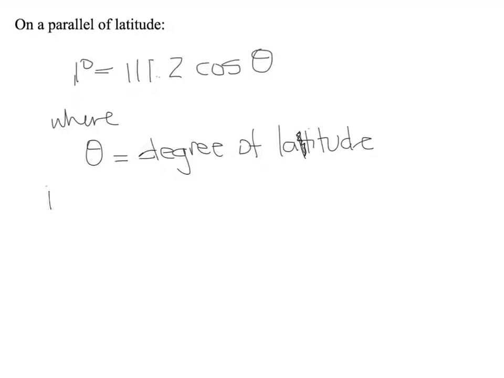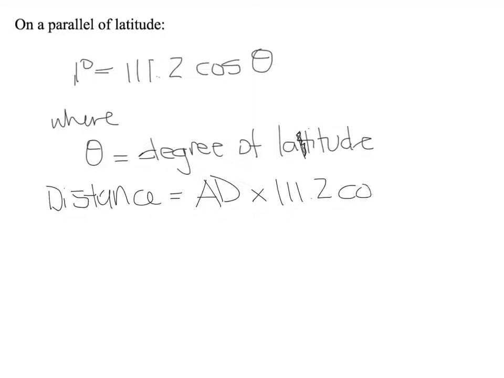And distance, basically, to find the distance, what we need to do is the angular distance multiplied by 111.2 multiplied by the cosine of theta.